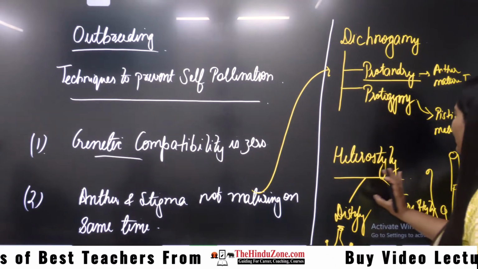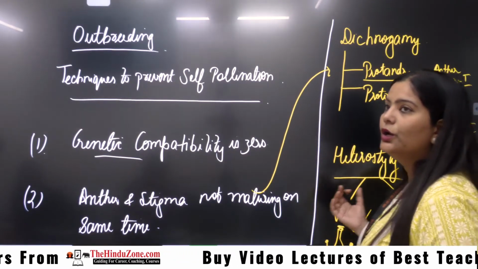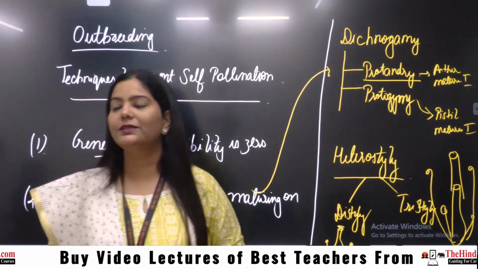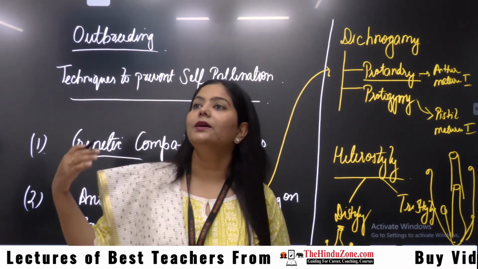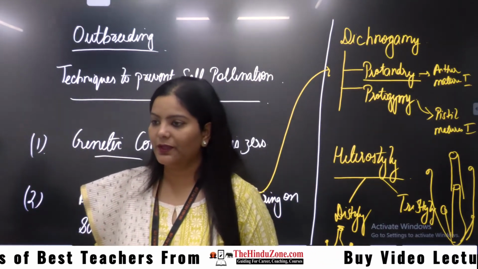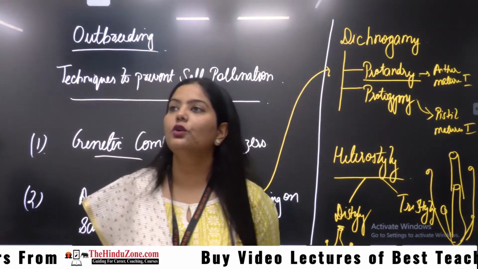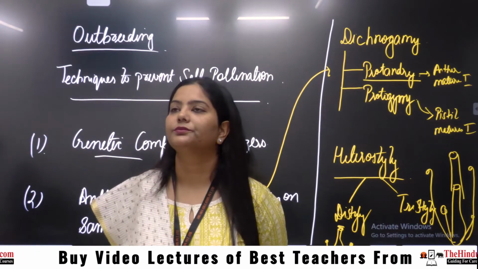So heterostyly is a method where style and stigma are not matching in size with each other, so that they cannot fuse easily, so as to avoid self-pollination. The dichogamy and heterostyly is clear to everyone? Yes, ma'am.